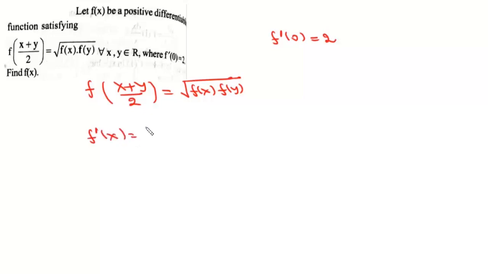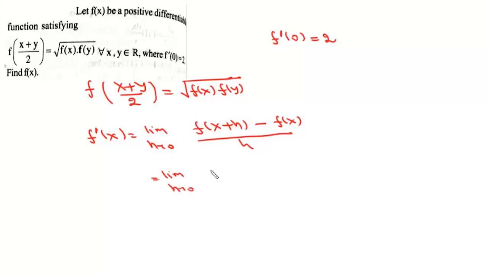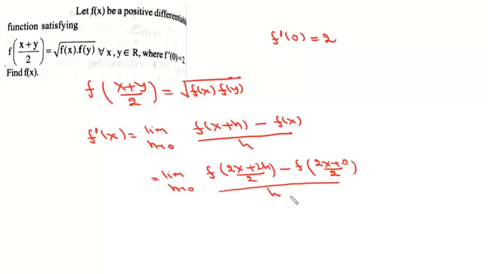Now f dash x is the limit h tends to 0 of f x plus h minus f x upon h, and we'll write this as limit h tends to 0 of f of 2x plus 2h by 2 minus f of 2x plus 0 by 2 upon h.